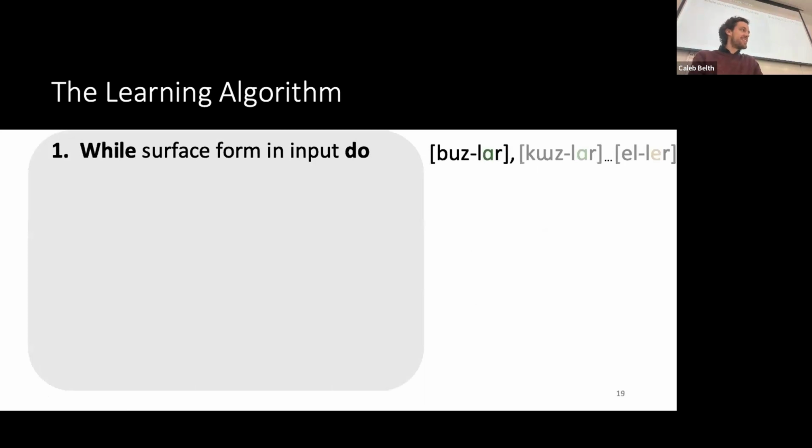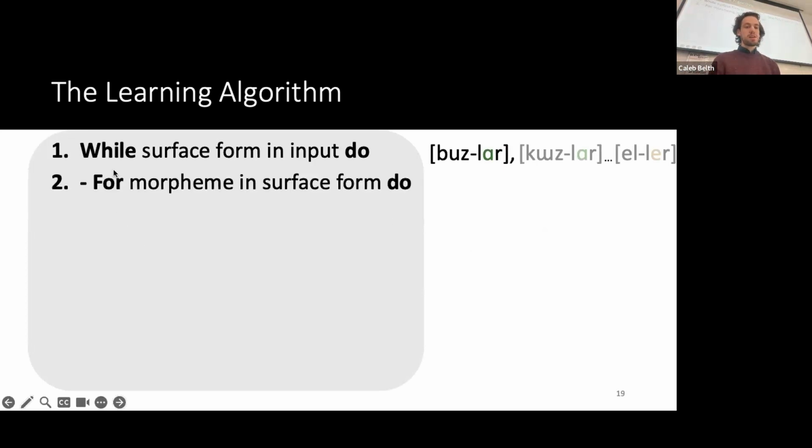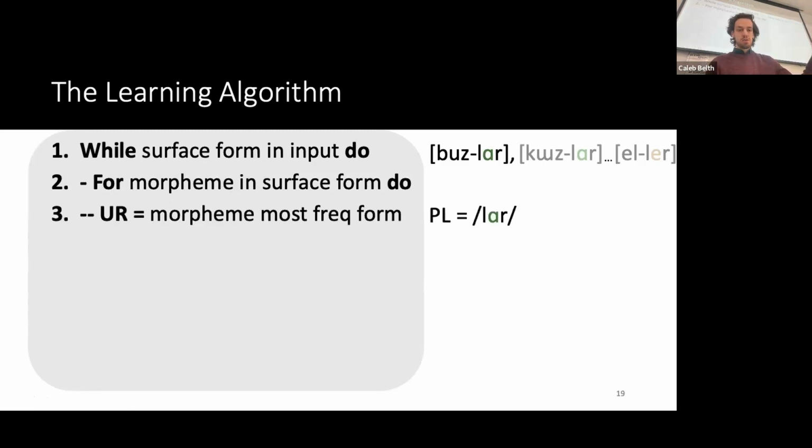And here's the pseudocode for this. It's an incremental algorithm. So it's assuming that it's taking the perspective of a learner as they gradually learn new words. So for example, here's some Turkish words. Okay. And so while there are new words that the learner is learning, it's going to iterate over each morpheme in the surface form, which again, I'm assuming at this point are morphologically analyzed.